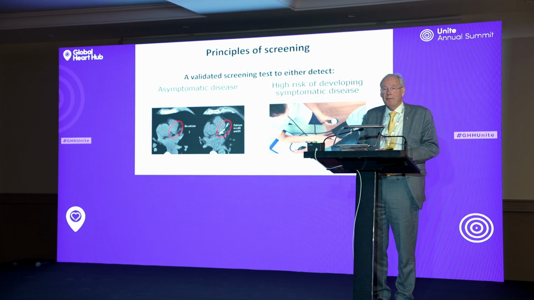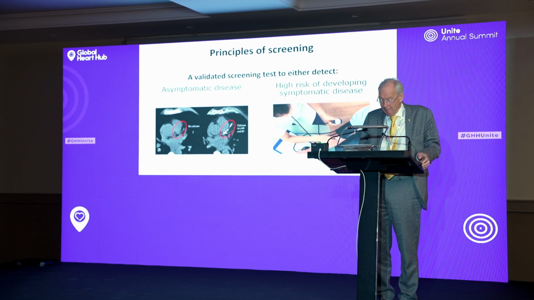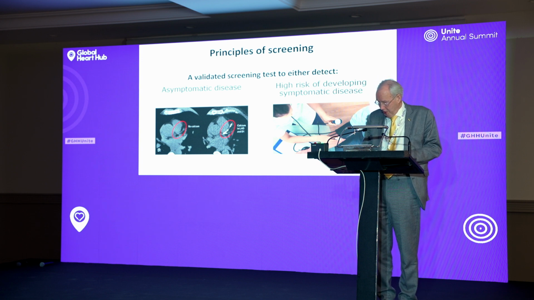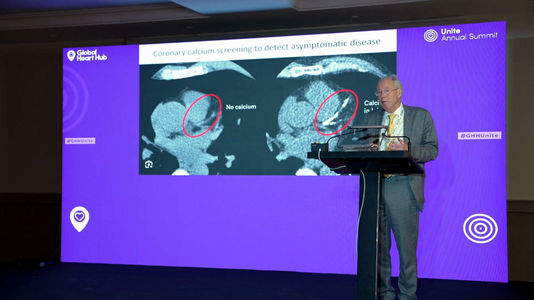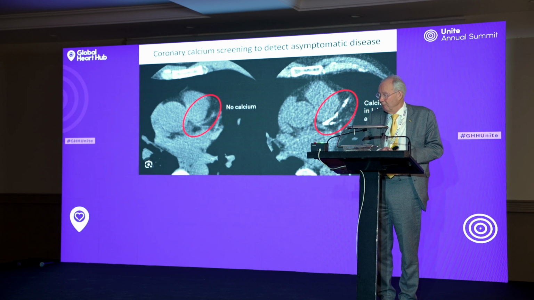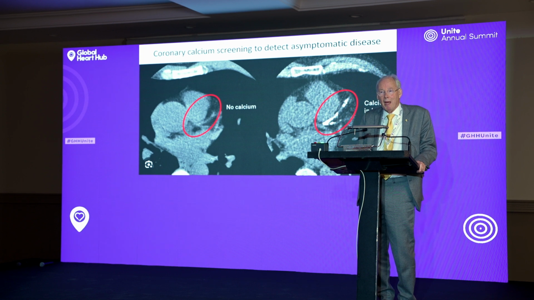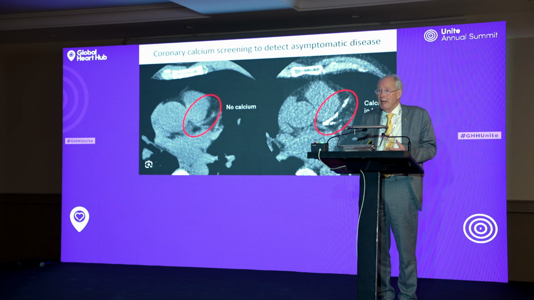You see on the left here an example of imaging to detect coronary artery calcium, and on the right a blood pressure measurement. Screening for coronary artery calcium, normal on the left, and you can see the white calcific deposits in the left coronary artery on the right, and this indicates very advanced disease.